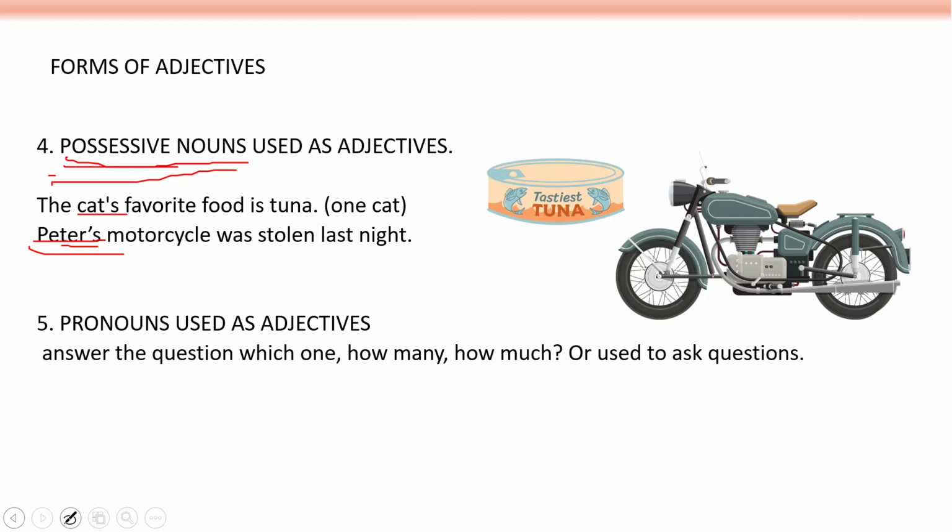Okay, so number 5, pronouns used as adjectives. Okay. These are the first few examples that we read earlier. This book, that book, these books, those books. So pronouns can be used as adjectives and they answer the questions, which one, how many, how much. Okay.